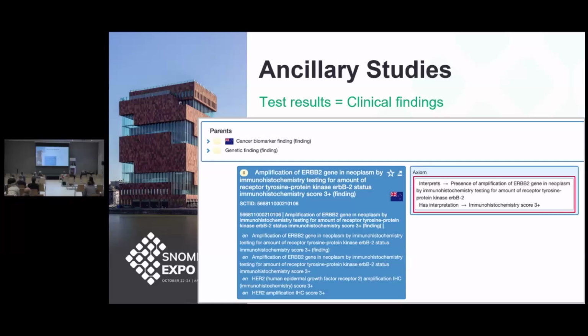Are you able to represent that within your system? The 2 parameters of the score plus the interpretation, the clinical finding being an interpretation of 2 observable entities.